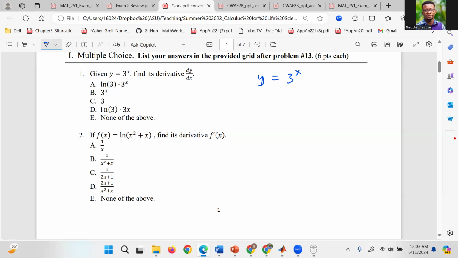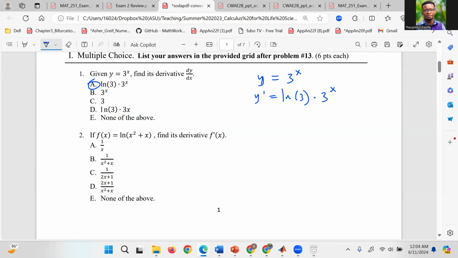So our y prime is just going to be the natural log of 3, then we multiply it by 3 to the power x. Okay, so on that note, our solution will be the A. So that is it.